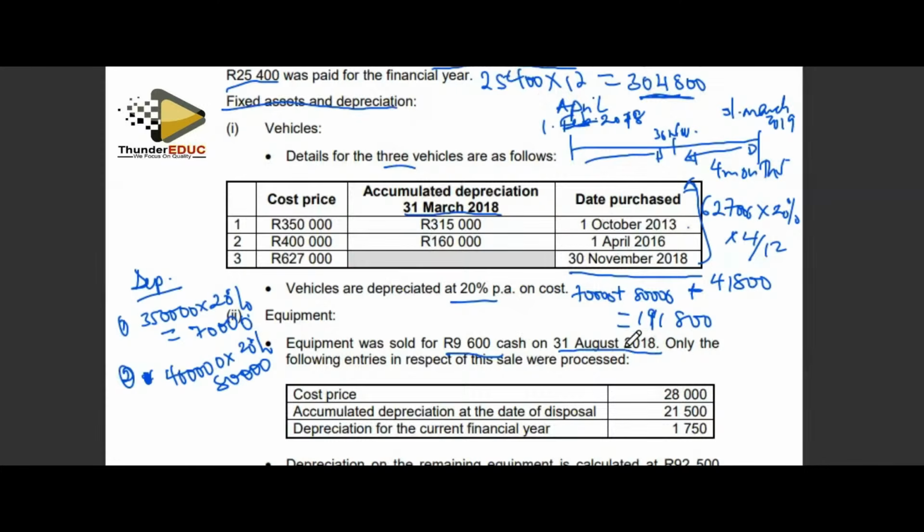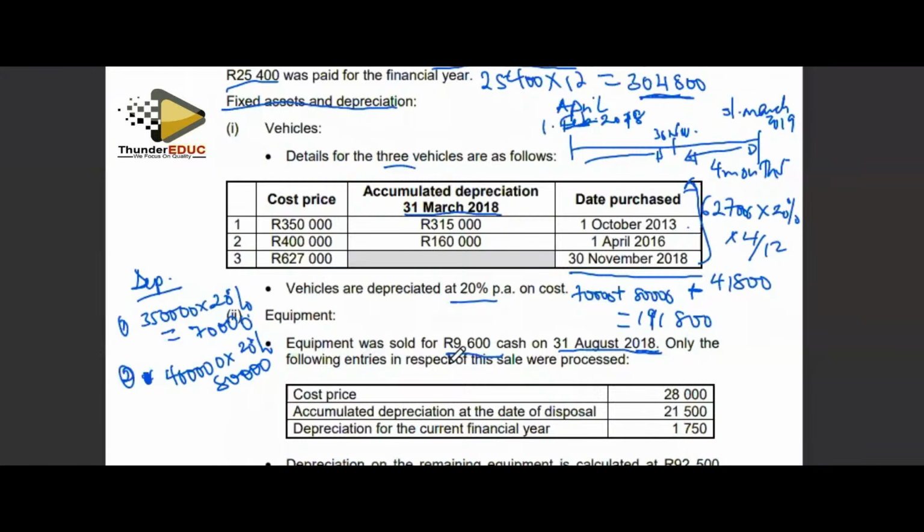Fine. So which means if the equipment was sold on the 31st of August, it was sold during the year after using it for part of the year. We used it for part of the year. But now they are saying these are the details.